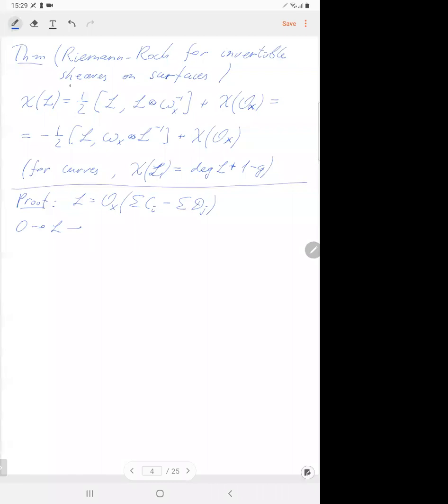L goes to OX of the sum of CI's, goes to the direct sum of OX of the sum of CI's restricted to DJ's.